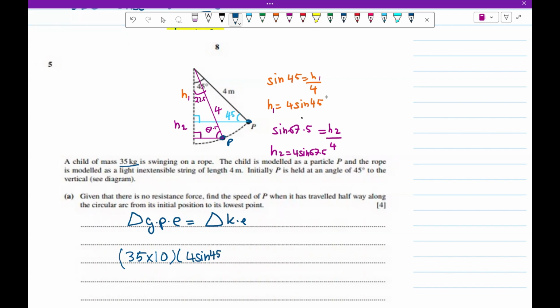Wait, what am I doing? Minus 4 sin 45. So the thing will be equal to half m v square. If we just cancel this out, 320.